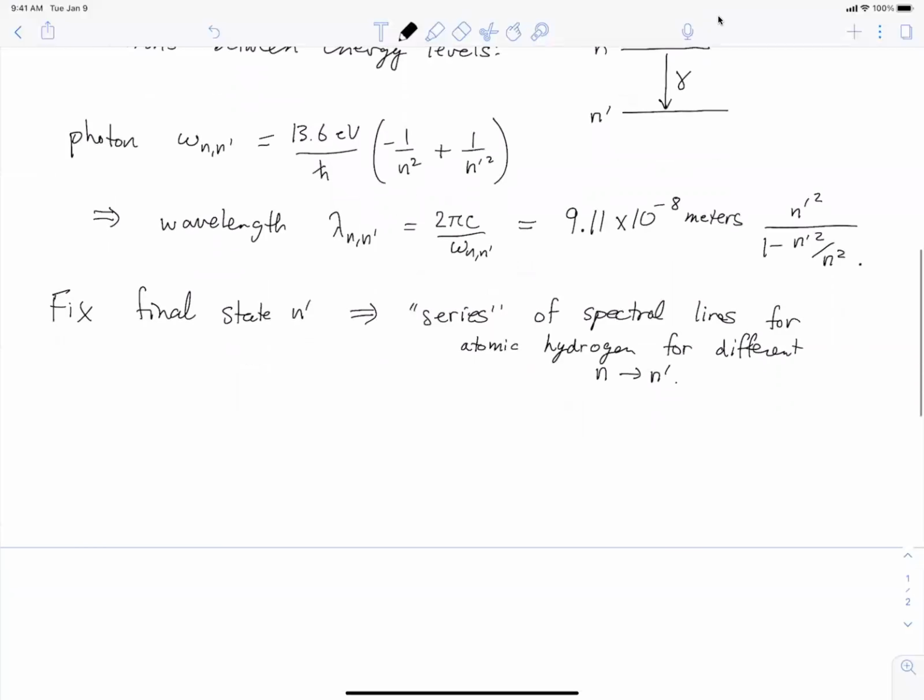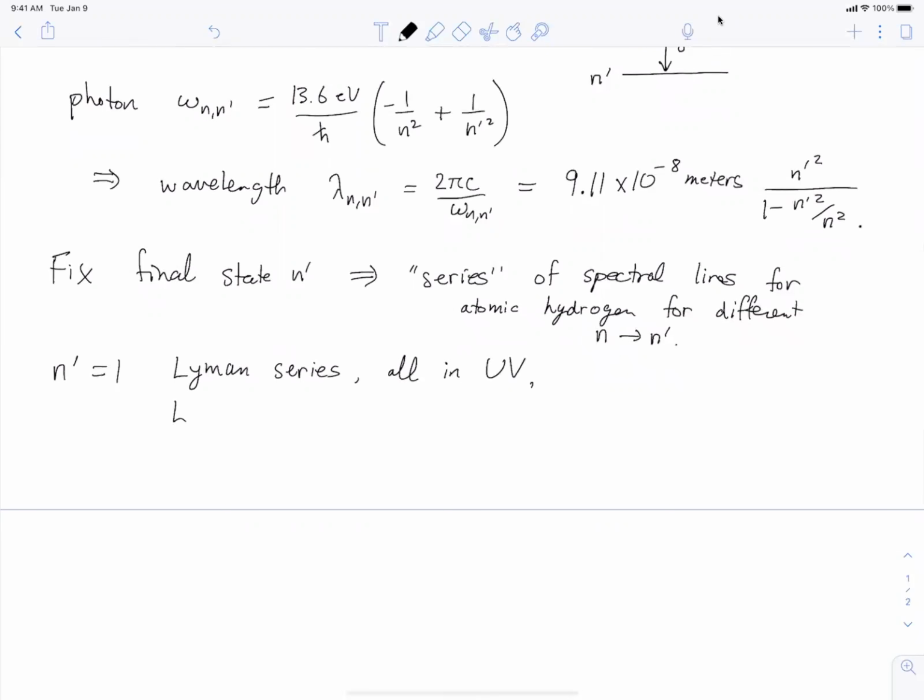At the last part of the last class meeting, we talked about the case n prime equals 1, which is called the Lyman series. The Lyman series is all in the ultraviolet, so you can't see it directly. But it's very important in astronomy, the Lyman alpha line.